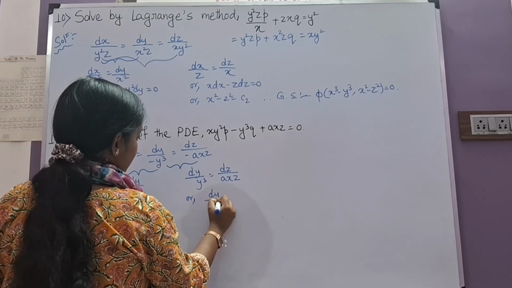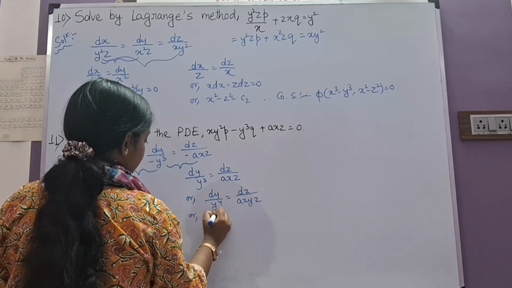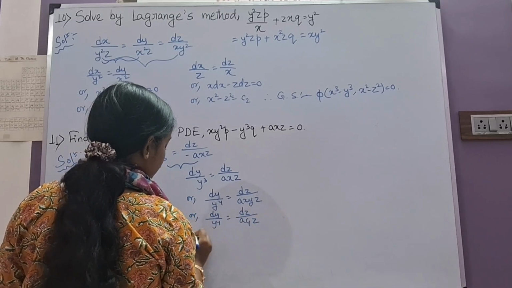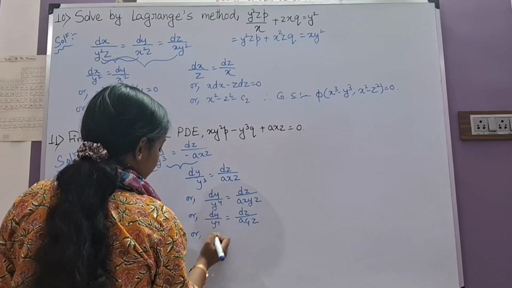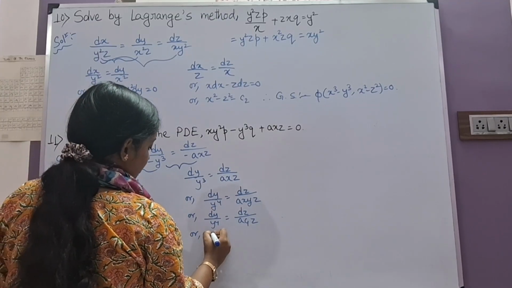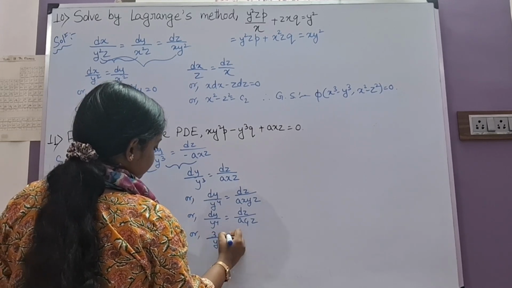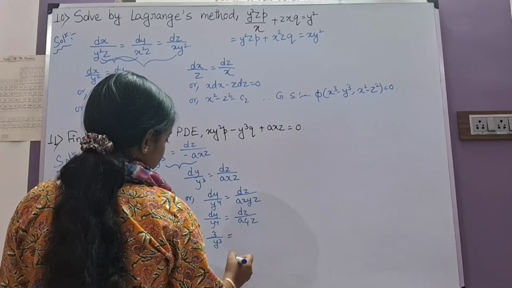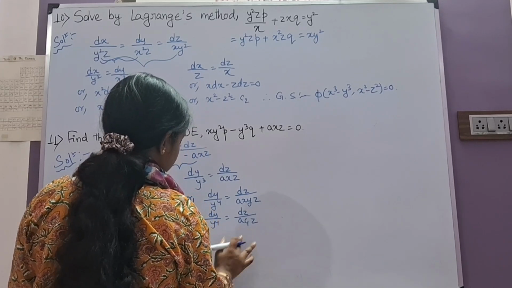or dy by y to the power 4 equal to dz by axyz, or dy by y to the power 4 equal to dz by ac1 into z. Or you can shift the ac1 here.